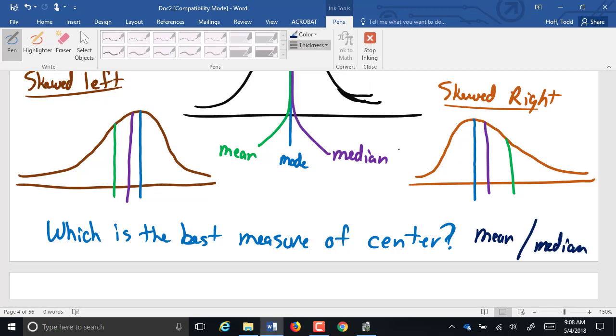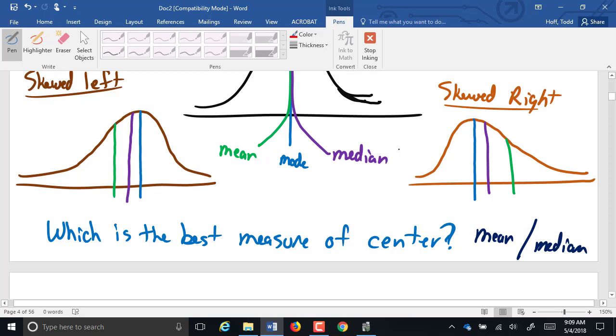What do you guys think? How many of you, show of hands, would say the mean? How about the median? How about don't care? What do you think is the best measure of the center of a set of data? The mode? The mode really is only good for categorical.